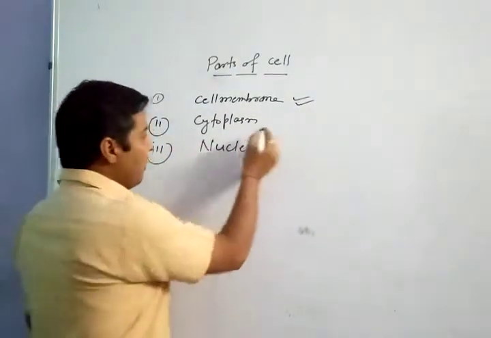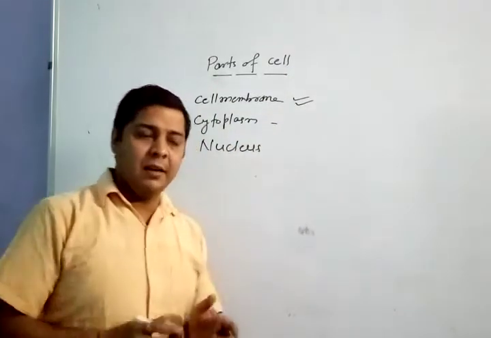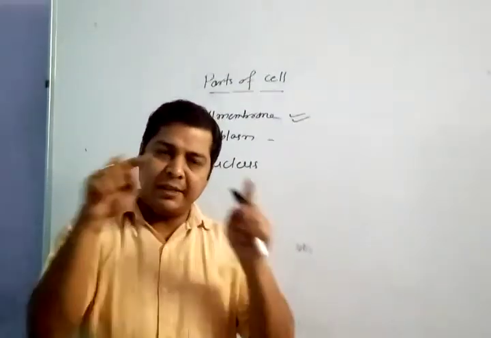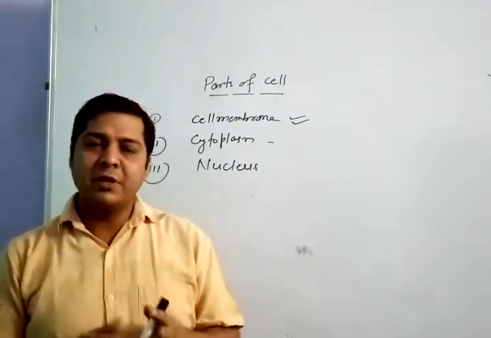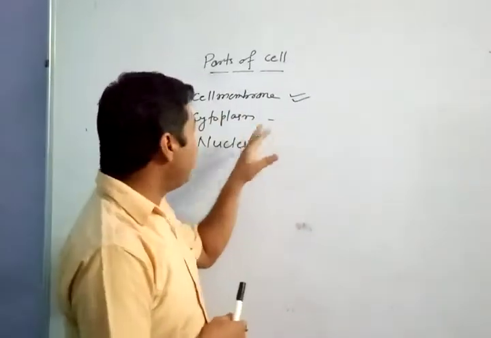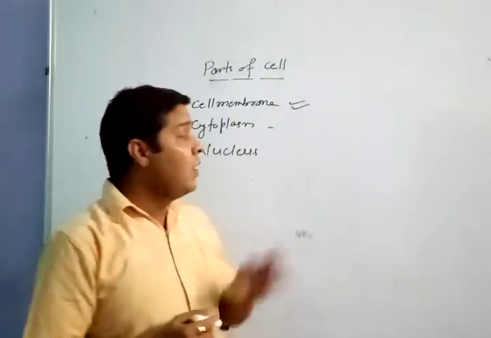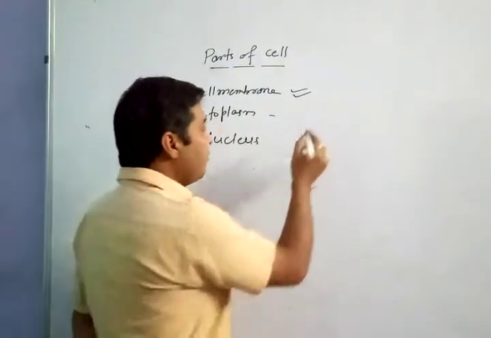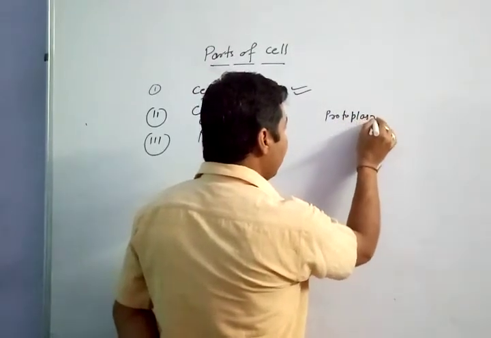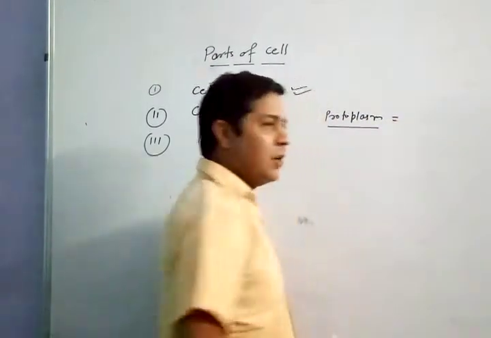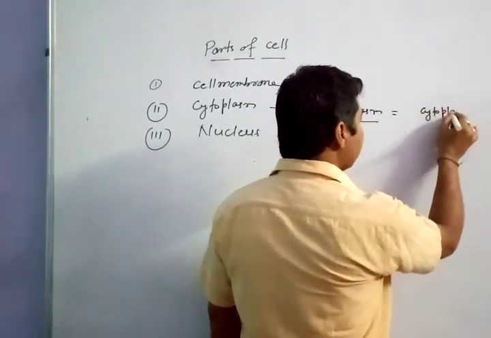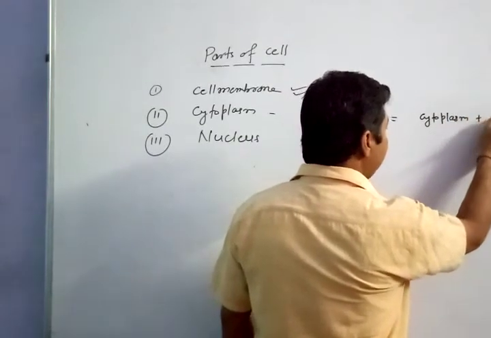Now coming to the cytoplasm. Inside the cell, cytoplasm is a liquid, jelly-like material, and it contains many cell organelles. Cytoplasm plays a very important role, and here I will give you the concept of protoplasm. You must know, children, protoplasm equals cytoplasm plus nucleus.